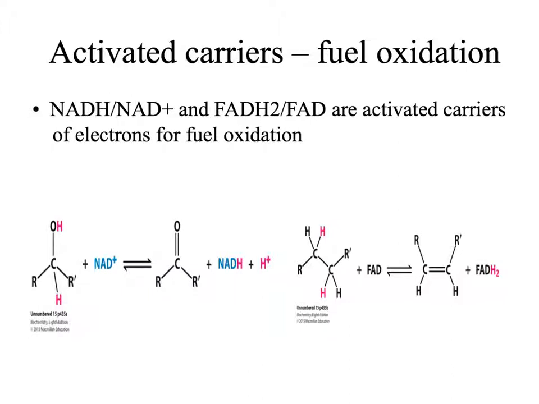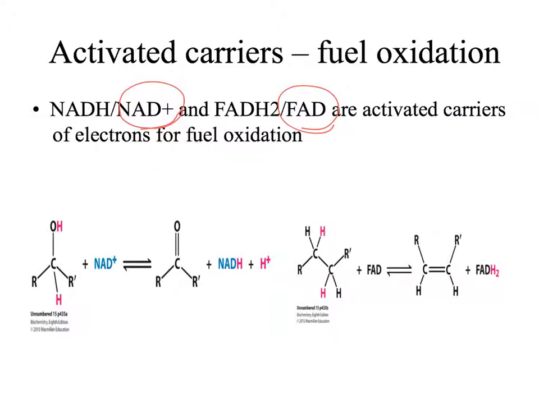First, activated carriers for fuel oxidation. There are a couple of activated carriers that we focus on. The two more common electron carriers are NAD+ and FAD. These are the two most common substances that take the electrons and carry them, and eventually the goal is to get these electrons to oxygen.